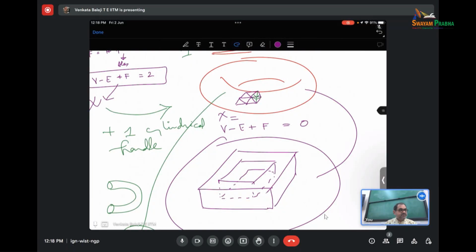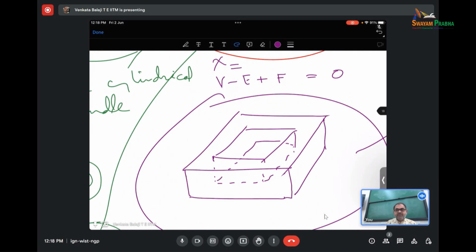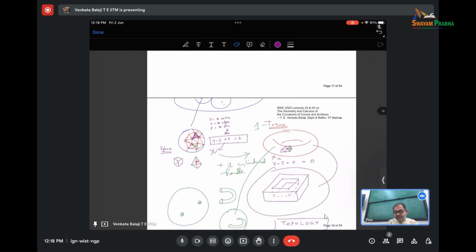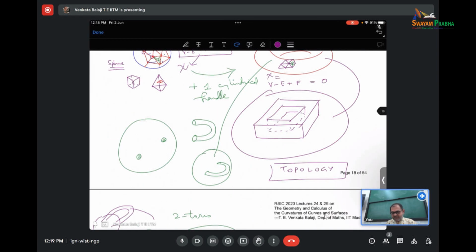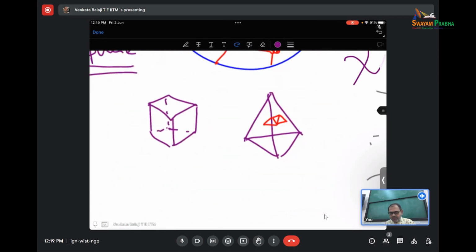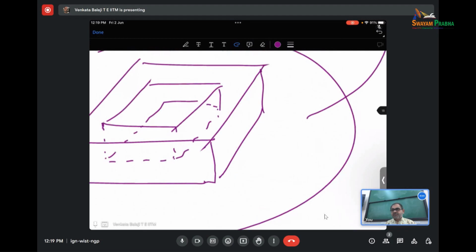You can always stretch or contract it, but you are not supposed to cut, make holes, or pinch. So the sphere and this box-like thing that I have drawn are topologically the same, but the sphere and the torus are not the same. The cube and this guy here are not the same.